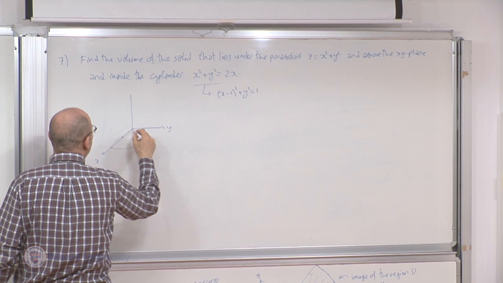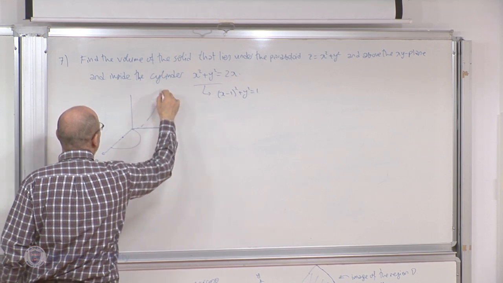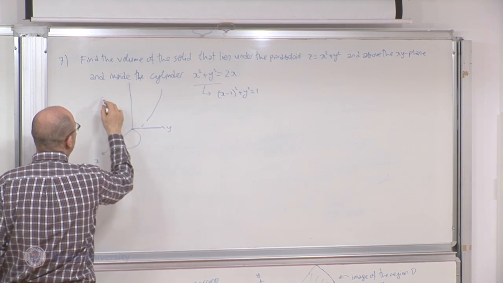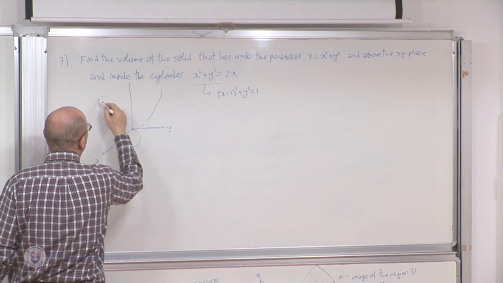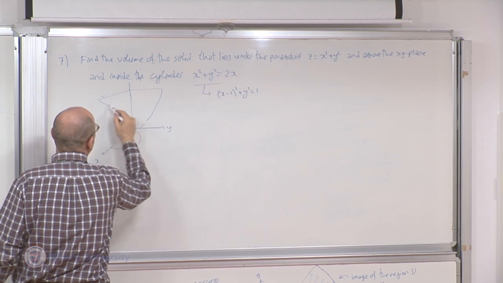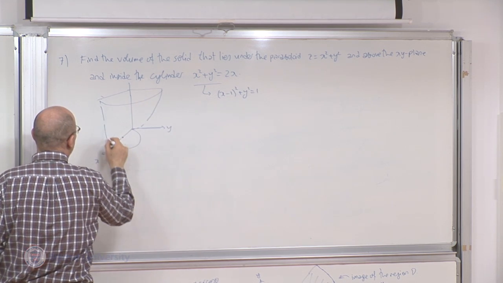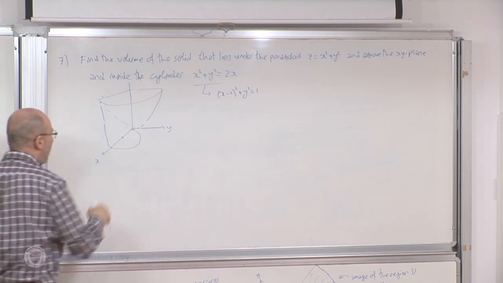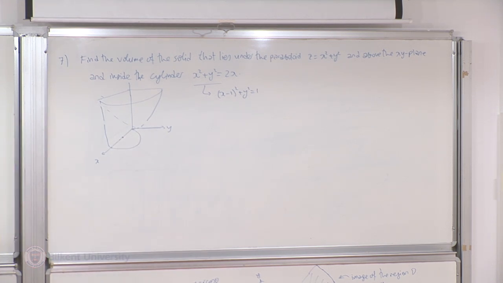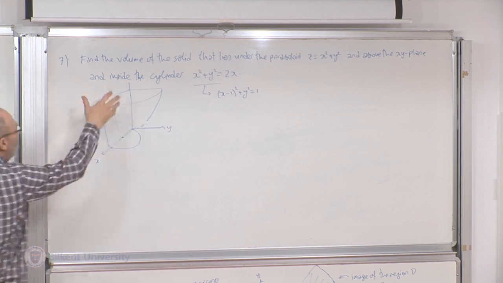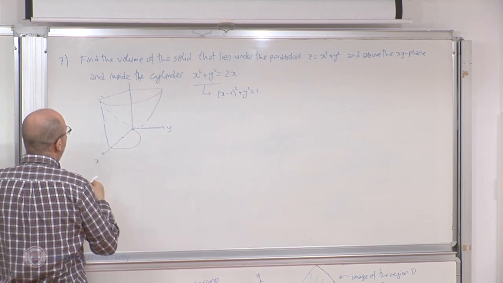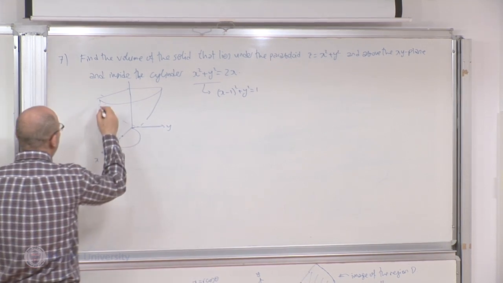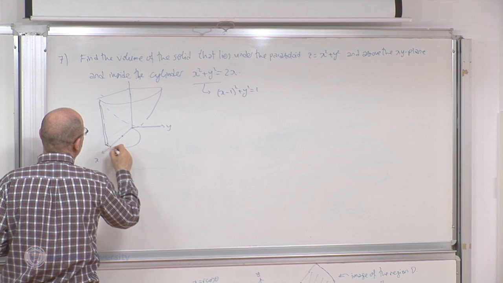And we have this paraboloid going up. Again, it is something like this. So you intersect it with this. This blue thing is the paraboloid, and you intersect it with this black cylinder.